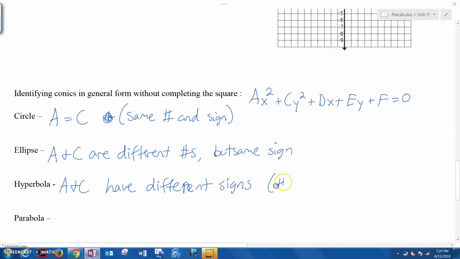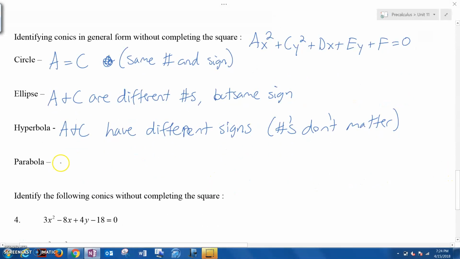Numbers don't matter. Some people thought it had to be different numbers. A parabola means that you only have one squared term, which means either a equals 0 or c equals 0, based on this information I gave you.